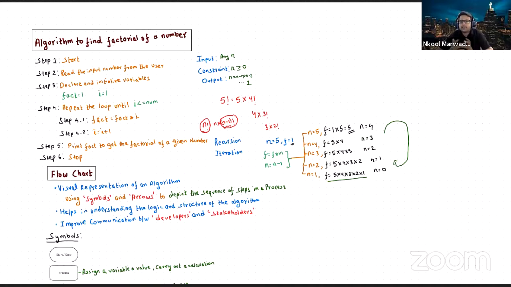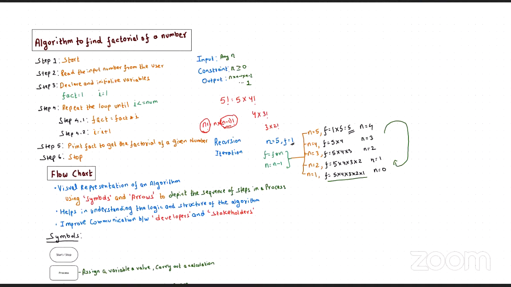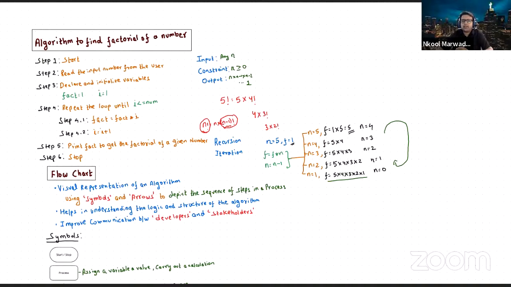First, we understand the problem. We analyze what the problem is, what we have to do, what the inputs are, what the constraints are, and what the output is. Based on that, we write an algorithm, a step-by-step solution, and then we implement that in code.